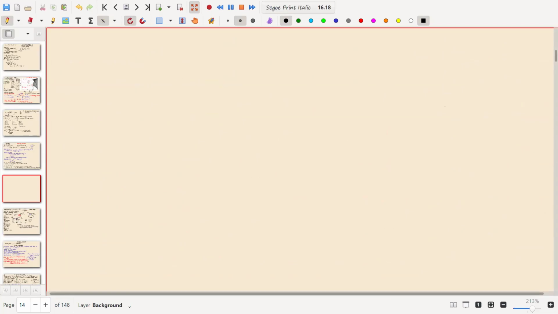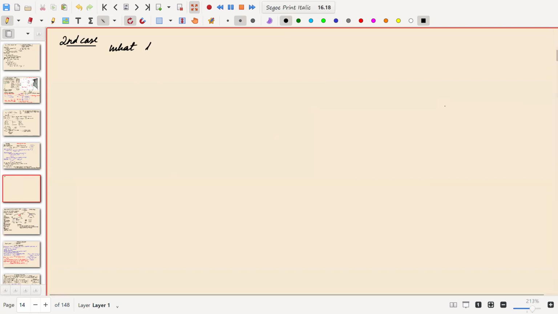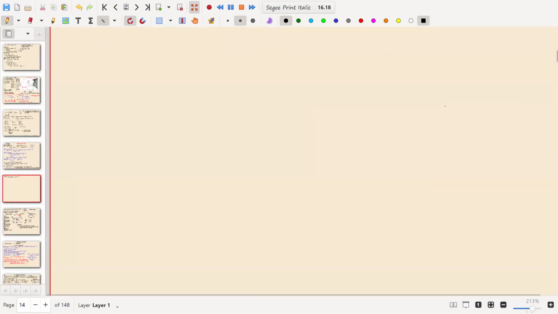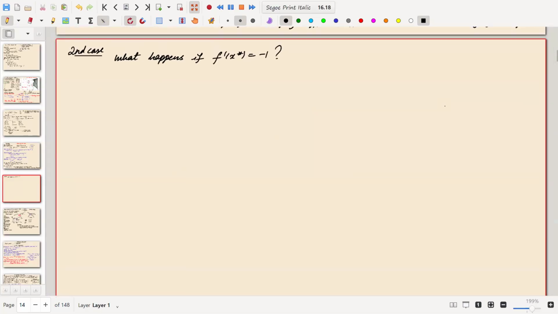The theorem holds only when f prime of x star is equal to 1. So what happens now? The second case. What happens if f prime at x star is equal to -1?